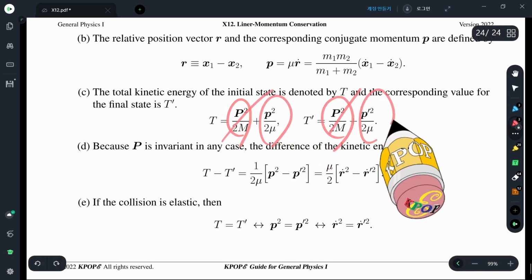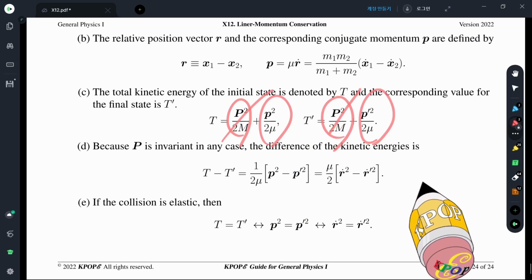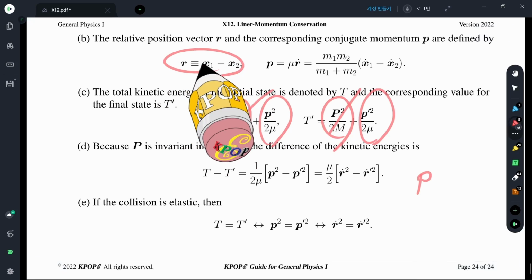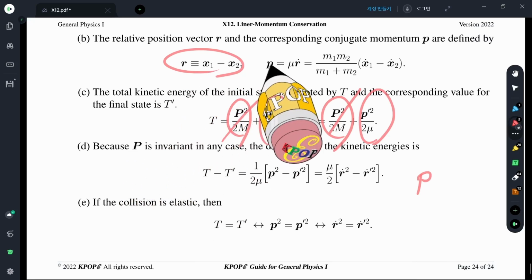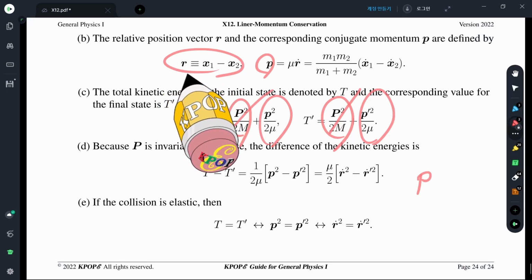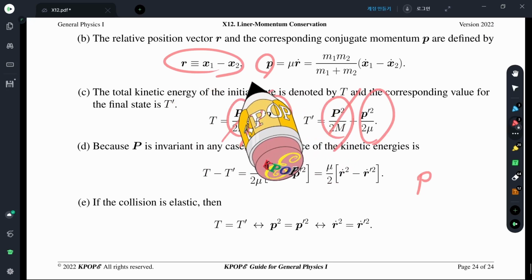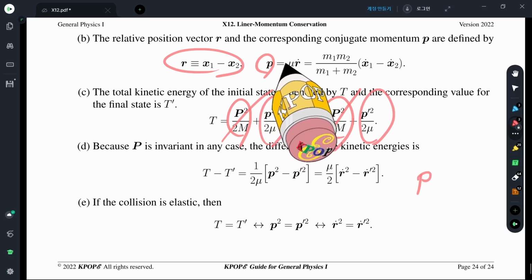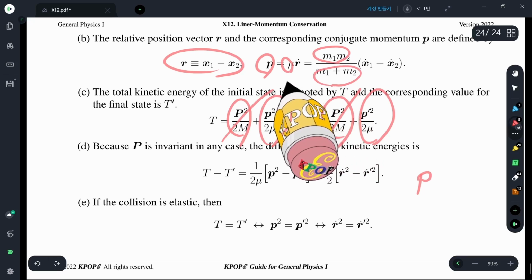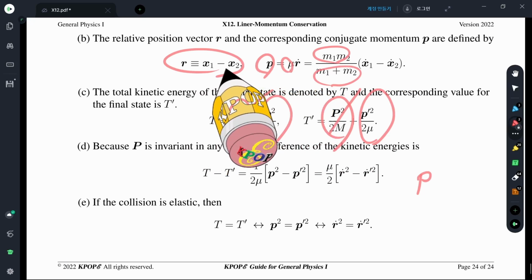Only the relative motion survives, and the relative motion is completely described by the relative coordinate r, that is the difference between the two particles' positions, and the momentum conjugate to the relative coordinate is expressed in terms of the reduced mass, that is the product divided by the sum of the two masses, multiplied by the time derivative of the relative coordinate.